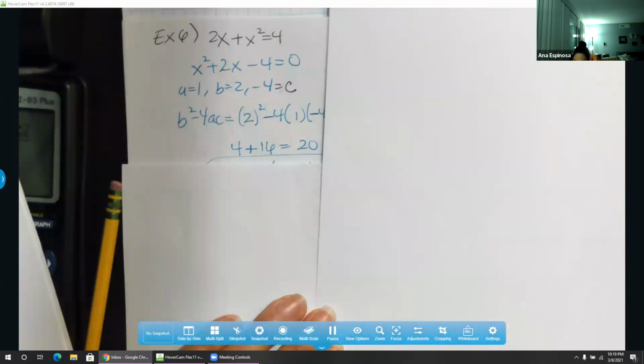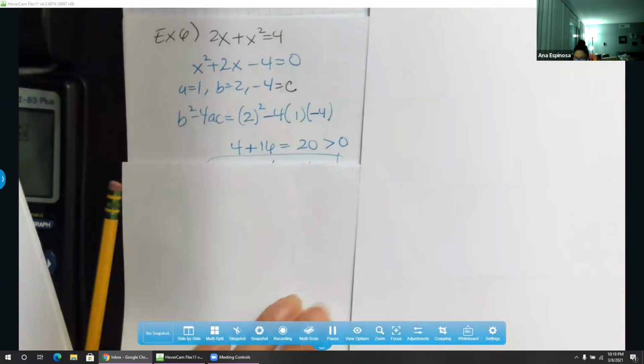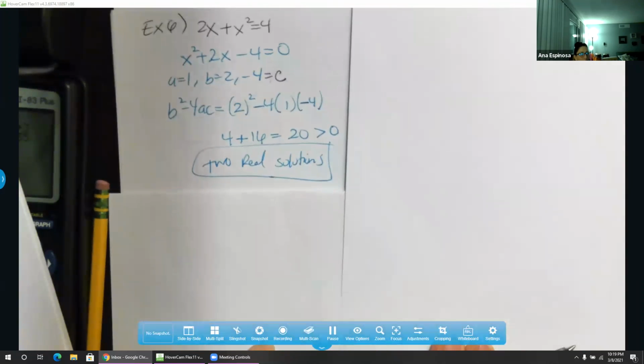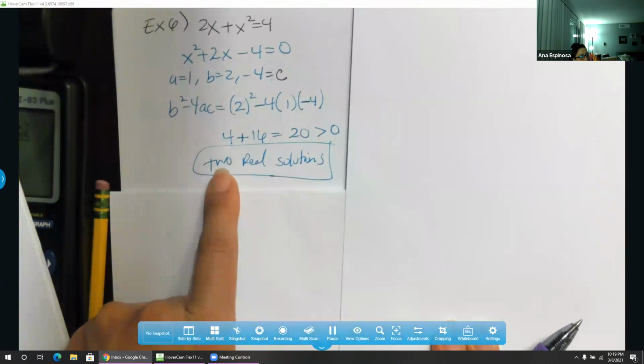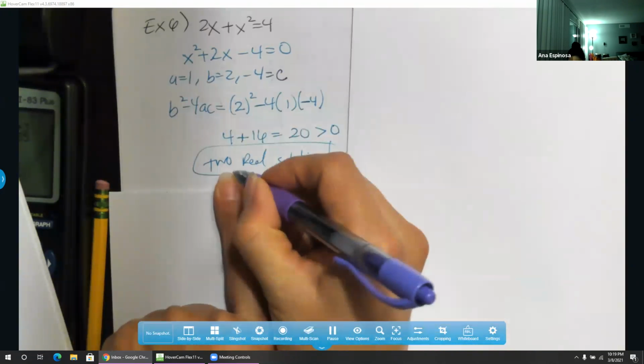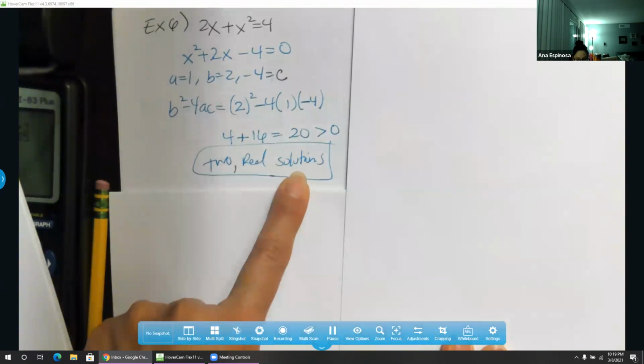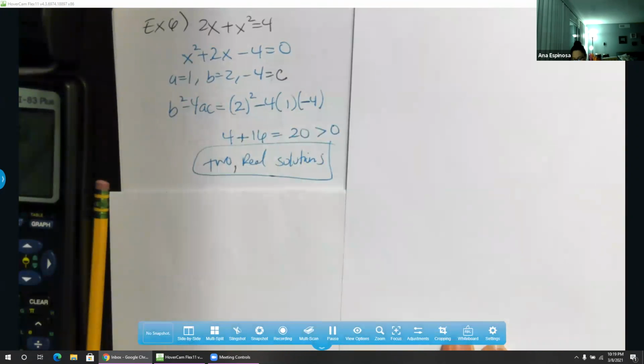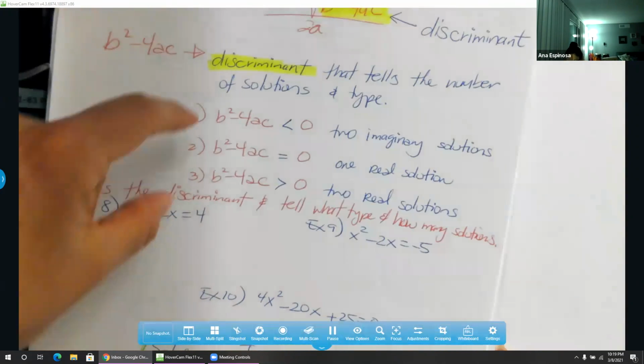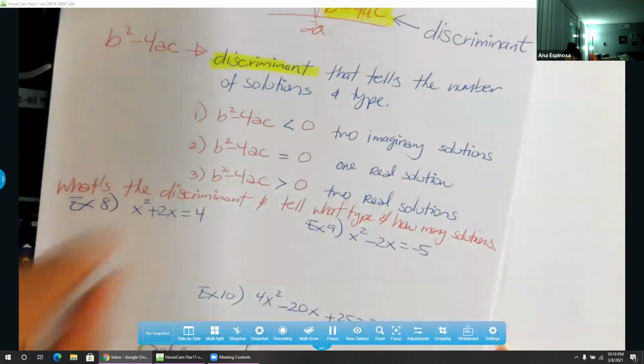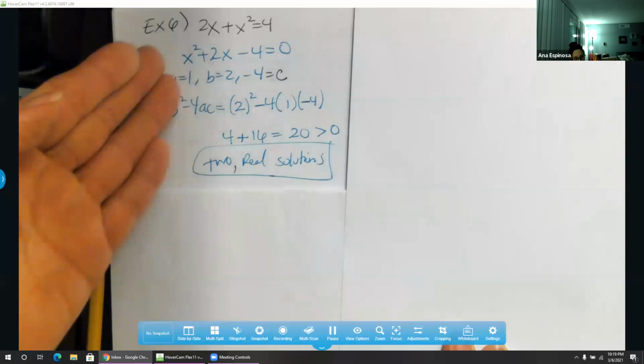Turns out 20 is bigger than 0. Therefore, we're going to have 2 real solutions. This is the number of solutions, 2. And this is the type of solutions, real solutions. And that is all here. You can write this in your note card. This is allowed. What is not allowed is for you to write this example.